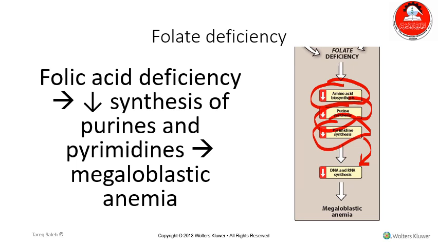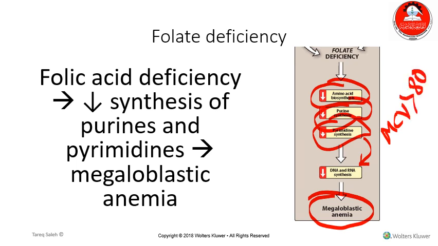This results in reduced formation of red blood cells and the development of megaloblastic anemia. Remember that folate deficiency anemia is macrocytic, meaning that MCV or mean corpuscular volume is more than 80 femtoliters, and the macrocytic anemia associated with folate deficiency is megaloblastic.